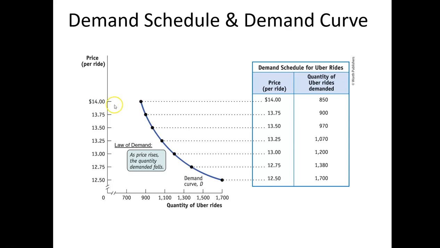So I guess I should take a step back. We're going to plot these curves by convention with the price of the item, or the price level if we're thinking about the economy as a whole, on the vertical axis, and the quantity on the horizontal axis. Because of that, it creates a downward sloping demand curve.